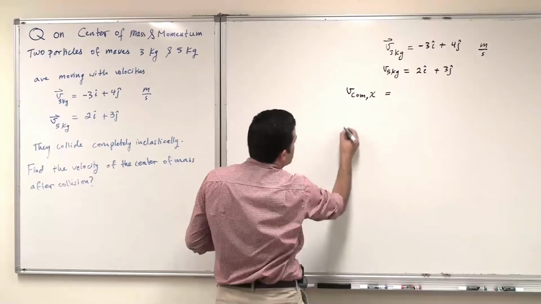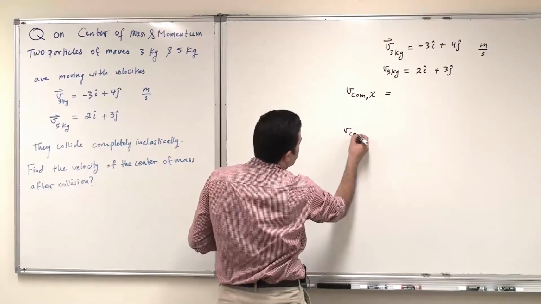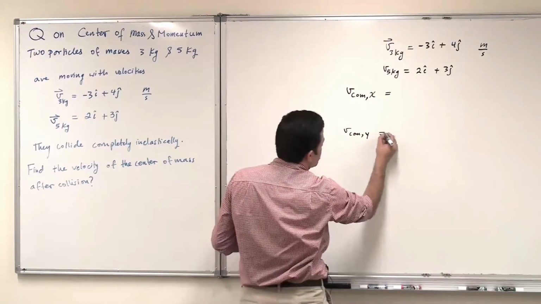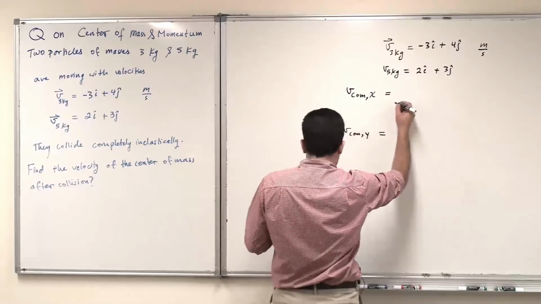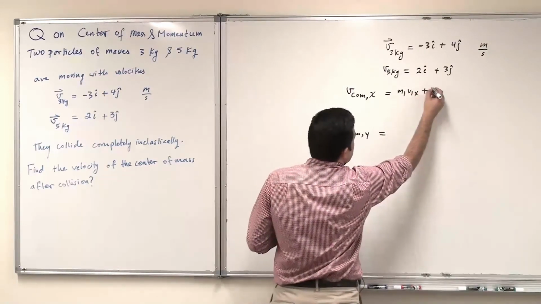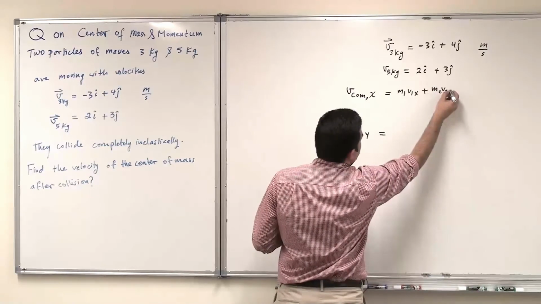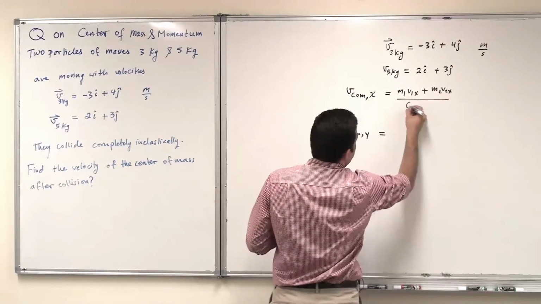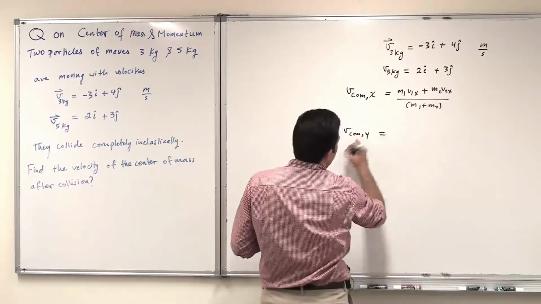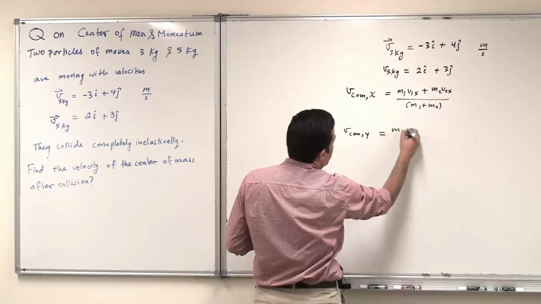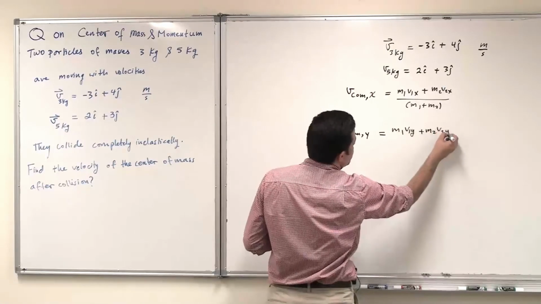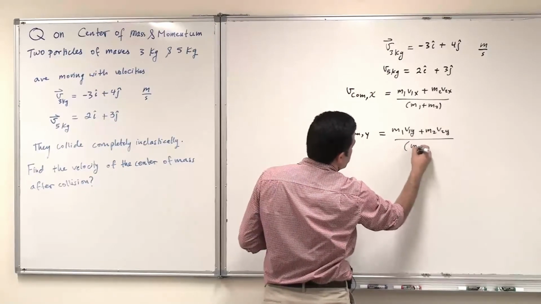We need to find the x component and also the y component. The x one will be m1 v1x plus m2 v2x divided by the total mass, m1 plus m2. And the y one will be m1 v1y plus m2 v2y divided by the total mass.